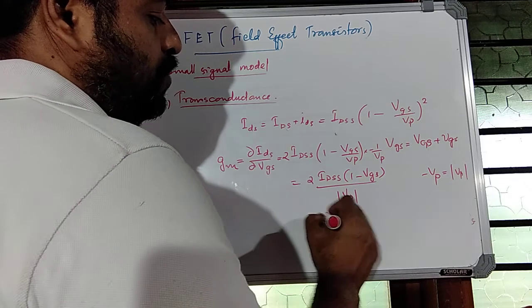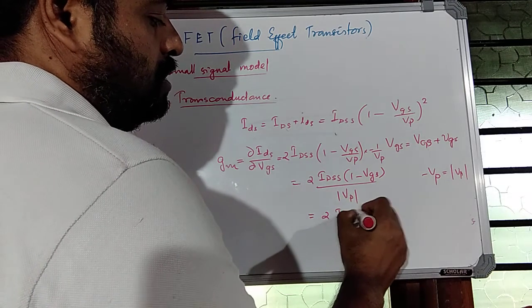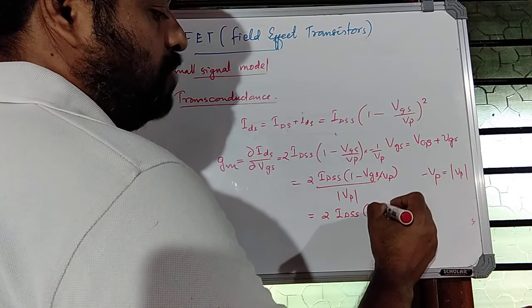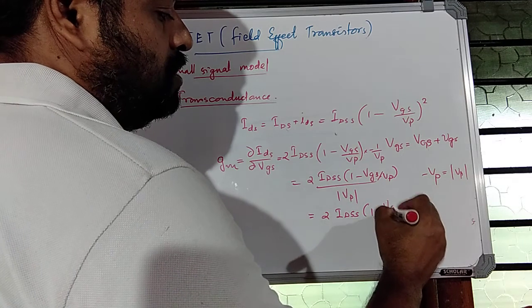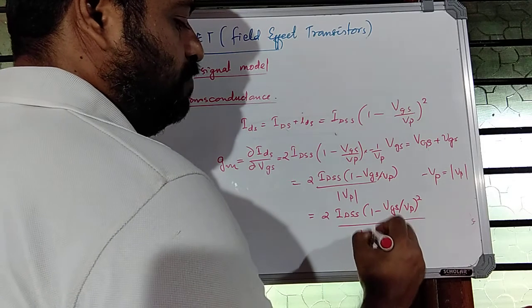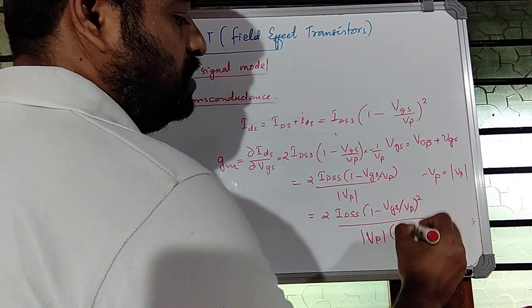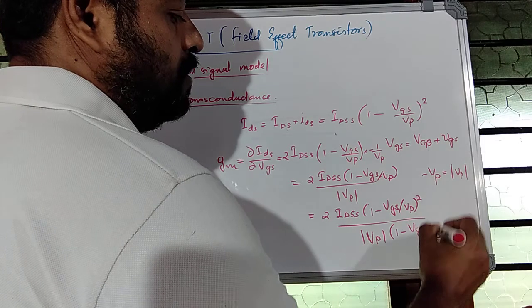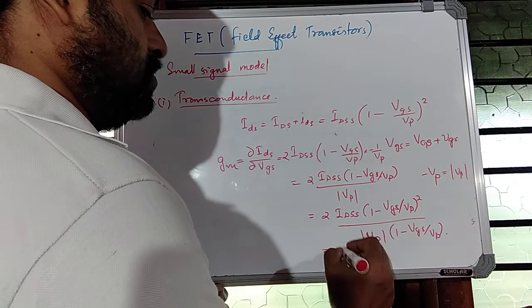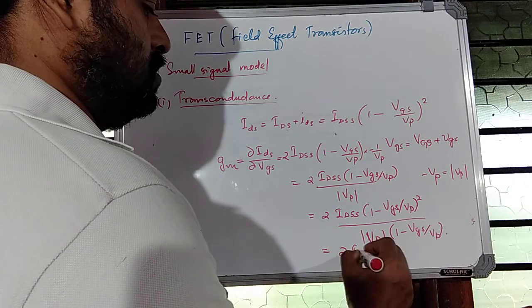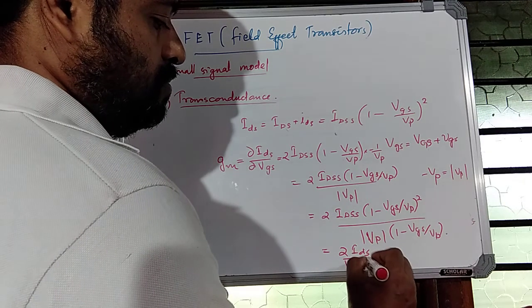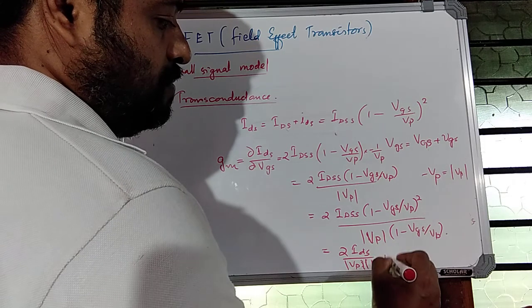This is equal to 2 into IDSS into 1 minus VGS by Vp, where the term 1 minus VGS by Vp the whole square is divided by modulus value of Vp into 1 minus VGS by Vp. Then this term is IDS: 2 into IDS by mod Vp into 1 minus VGS by Vp.